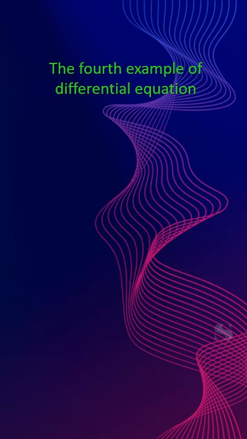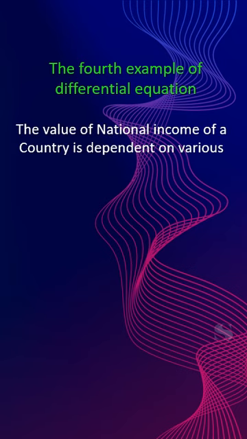The fourth example of differential equations is how we compute the value of the national income of a country. The latter is dependent on various factors that are fundamental or constant in the shorter term, as also those that are variable in terms of absolute levels, and some others that continuously change even in the short term and continuously affect other quantities.